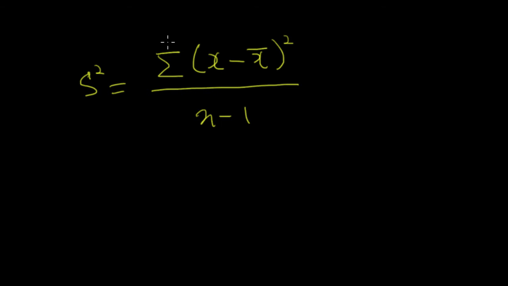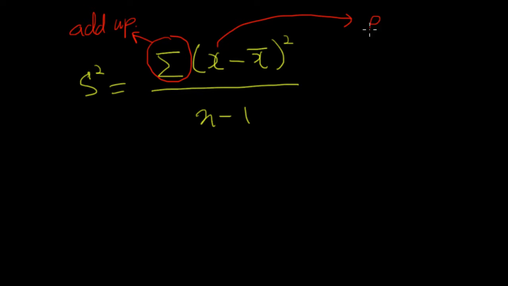So what is this symbol right here? That means adding up. This is summation. That's what this symbol means. Now, what's this x? This x is each data point.